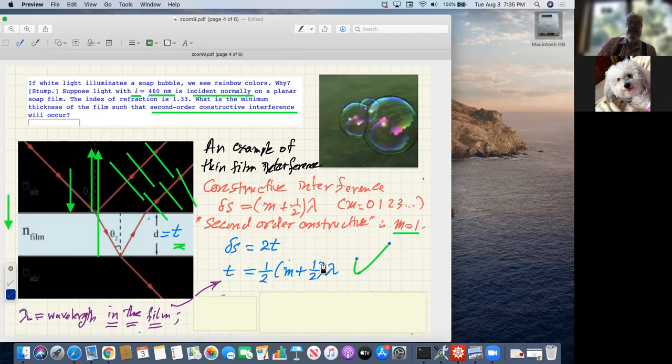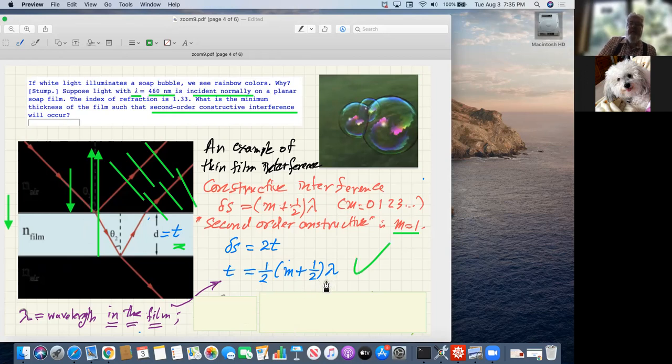So thickness of 3/4 lambda. The example that's given in the book is first order constructive interference, which is m equals 0, which is thickness 1/4 lambda. But you see, in order to get this kind of constructive interference, you have to have a thickness which is something comparable to the wavelength of the light.